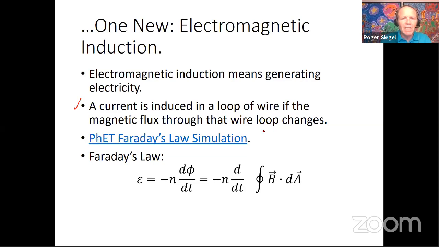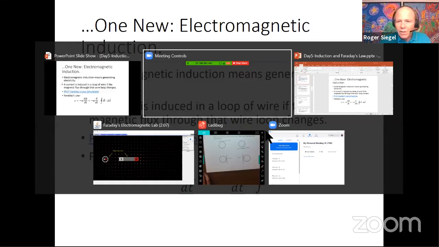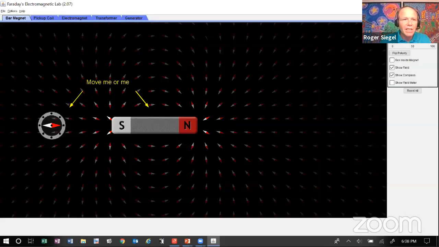I'm going to pull up a simulation, and if you're not familiar with PHET, these are some of the best physics simulations out there. They're just really, really good. And so I'm going to open up the PHET window and show you this simulation. And this one is called Faraday's Electromagnetic Lab. I don't know if you can see this up here.